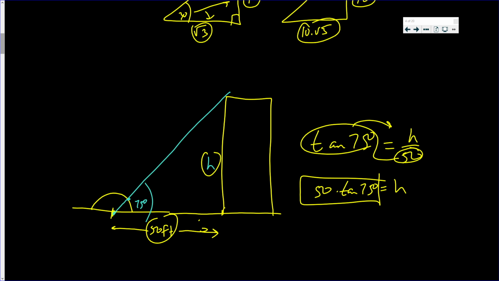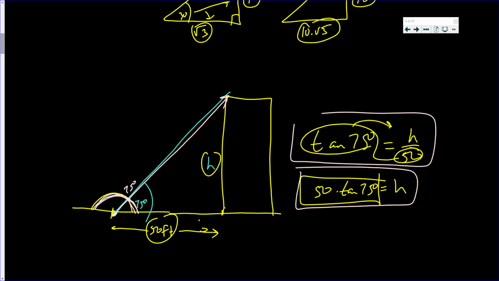And all you did is you put your angle measurement tool here. You put a light source right there. You aimed it up to the top of the building, and it said 75 degrees. And then you did this, which gave you that, and now you have a way of getting h. Just multiply tangent of 75 degrees by 50 and be done.